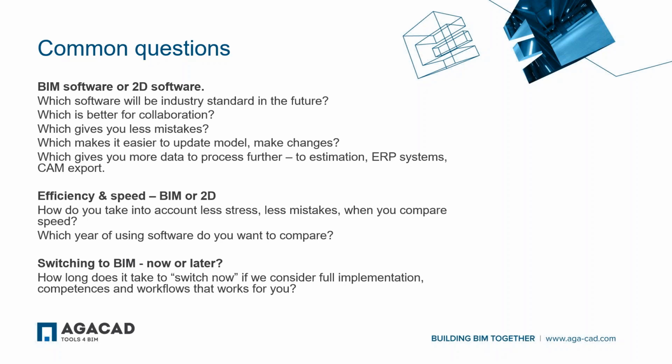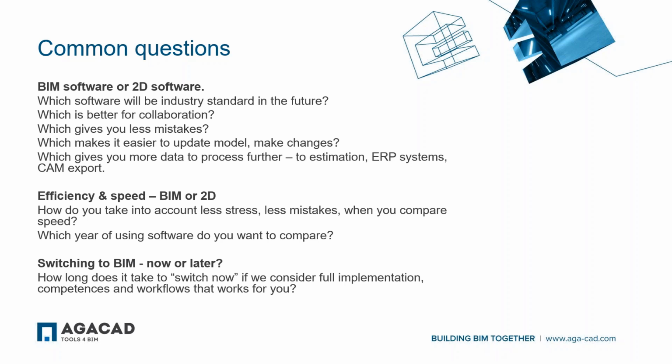And what happens in 2D, and what will happen if you make a mistake? You need to be really accurate and always very concentrated. It's a little bit more laid back in 2D, of course, not too much. Anyway, you need to be accurate and concentrated, but it gives a little less stress, and it's hard to evaluate how much time updates and modifications take in 2D and on a BIM platform.